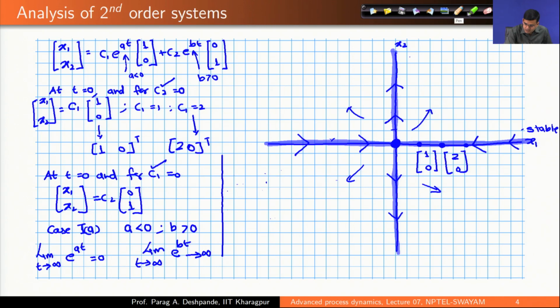So, when C 1 and C 2 are non-zero, and depending upon whether they are positive or negative, I am going to get one or the other points in these 4 quadrants, and therefore, my solutions would look like this.